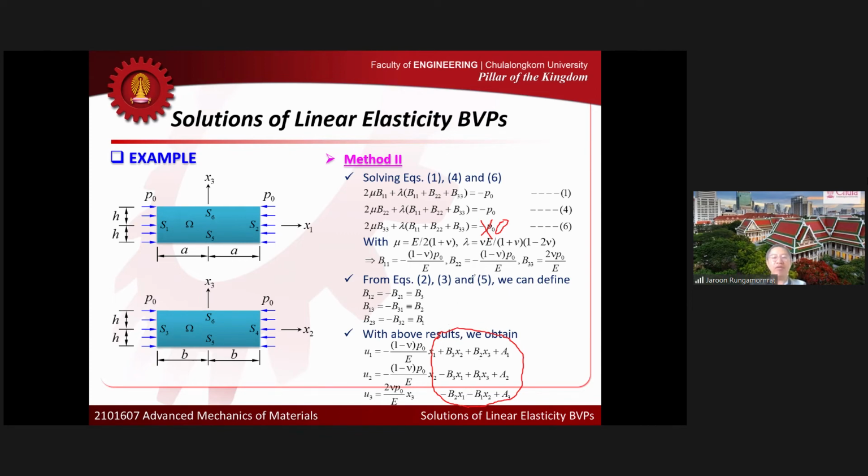So now we're done, even though we cannot determine all the constants here. We can conclude that the displacement that we guessed is a solution of the problem, and it's not unique because the constants related to the rigid body motion cannot be determined uniquely for this particular problem. Is that clear to you?